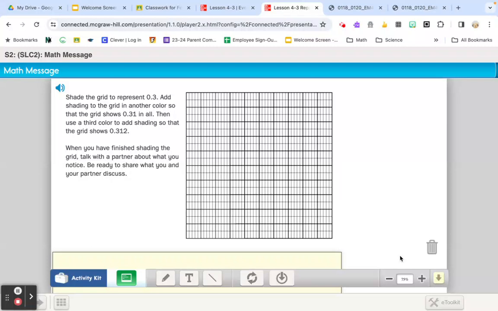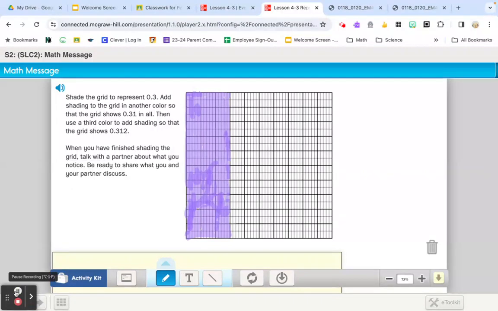So what I would like you to do is go ahead and pause the video, and shade in your 3/10ths with a color, then pick another color and shade in your 1/100th, and then pick your last color and shade in your 2/1000ths. Then once you have finished shading those in, go ahead and unpause the video and check your work with what I have.